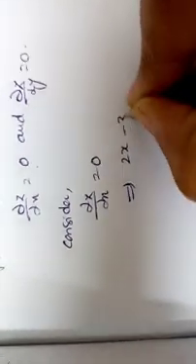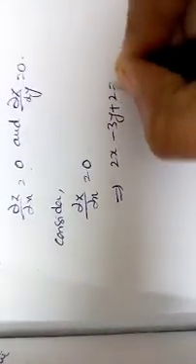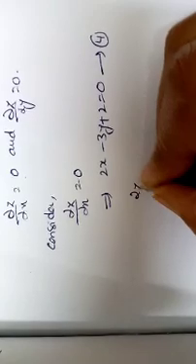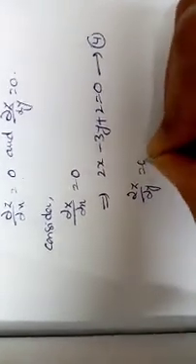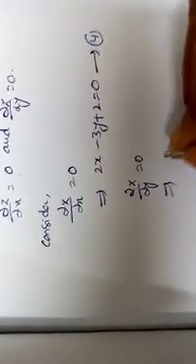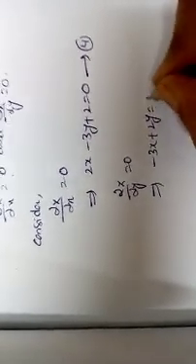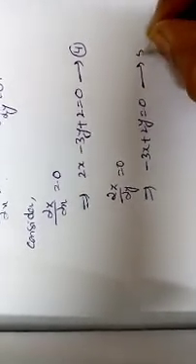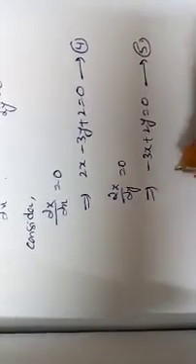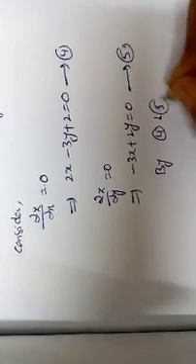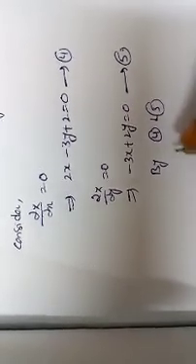From here 2x minus 3y plus 2 equal to 0; treat this as equation number 4. Next dou z by dou y equal to 0. From here minus 3x plus 2y equal to 0; this is equation number 5. Now by solving equations 4 and 5, we get the values of x and y.